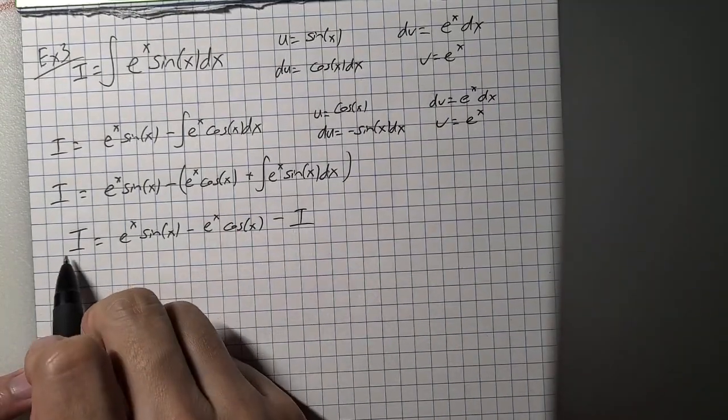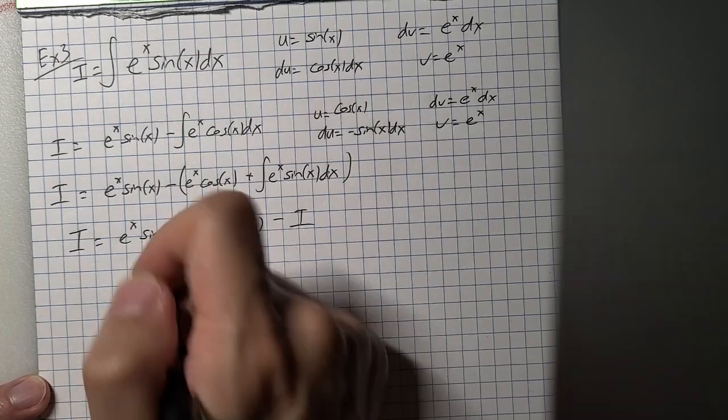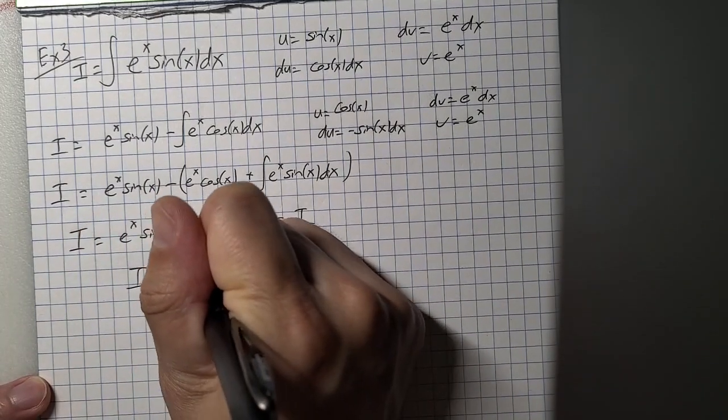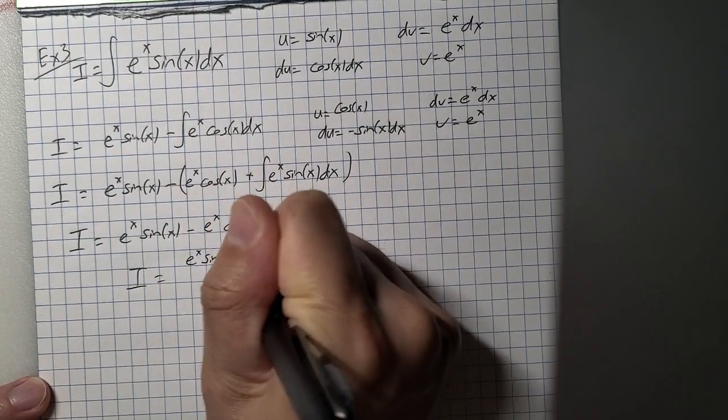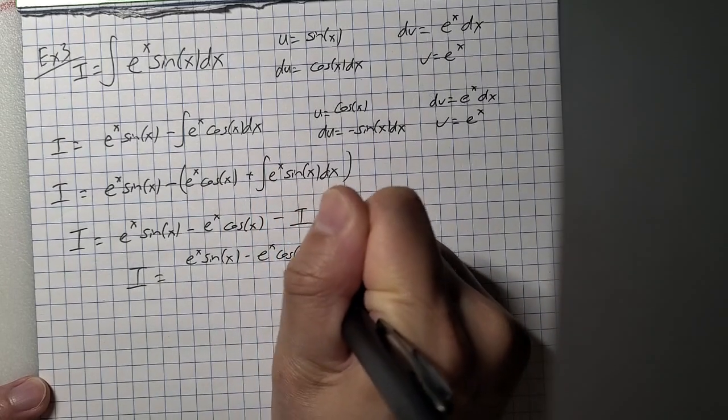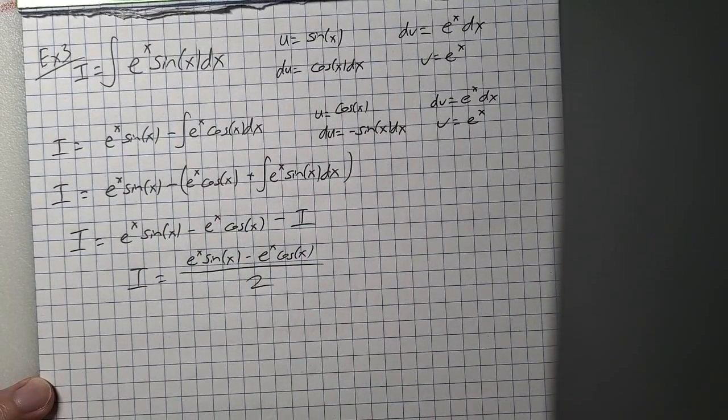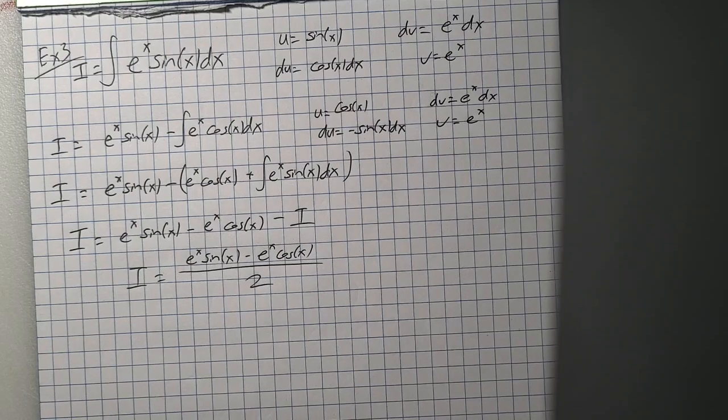So we add it to this side, it'll be 2I is equal to this guy, so I is equal to e to the x sine x minus e to the x cosine x over 2, okay? So that's how we solve this type of integral.